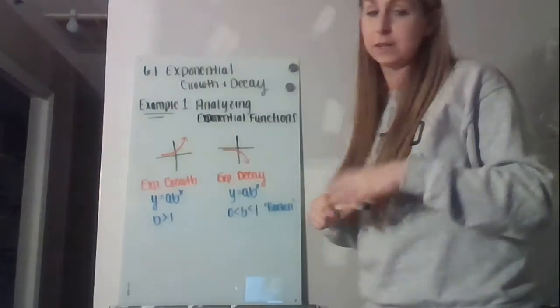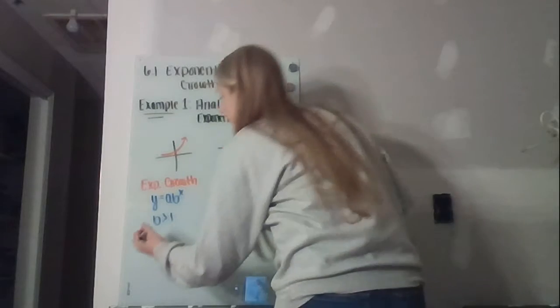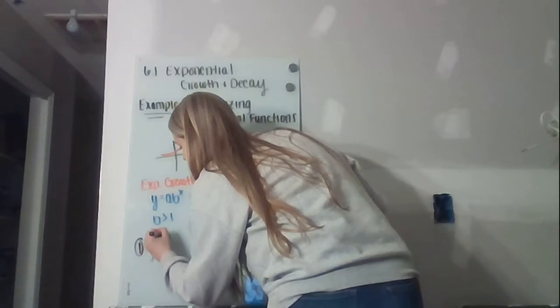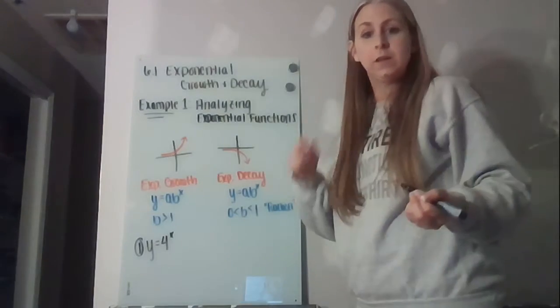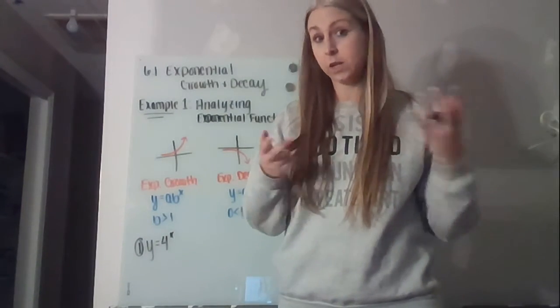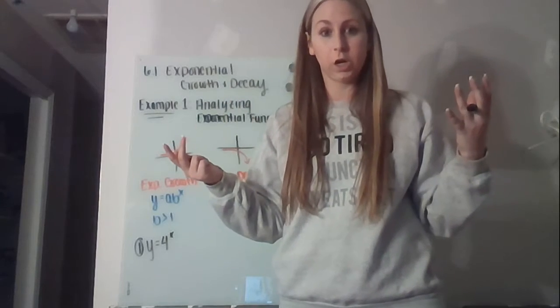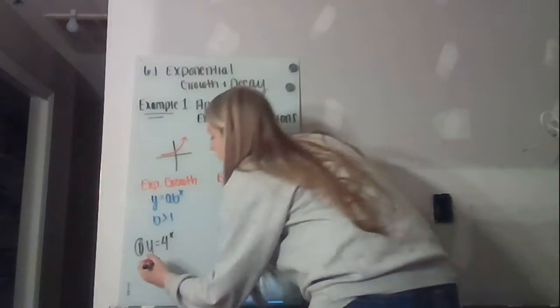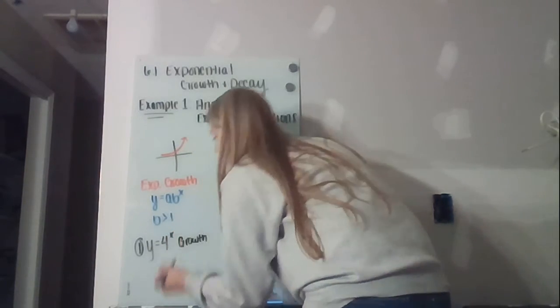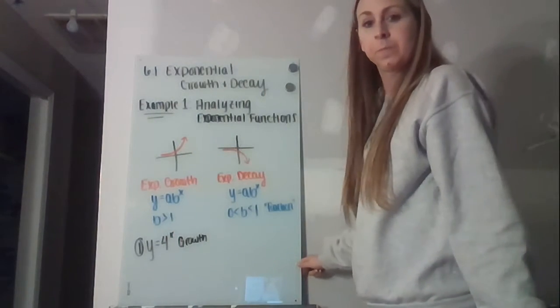or decay. To save time, I'm not going to write that part out. So the first one is y equals 4 to the x. Now in that problem, there is no b. So you're looking at just a number that's exponentially getting bigger. So that one is going to be growth. Okay.